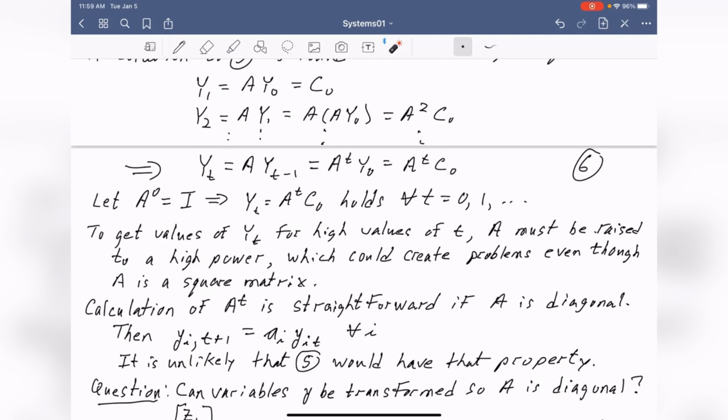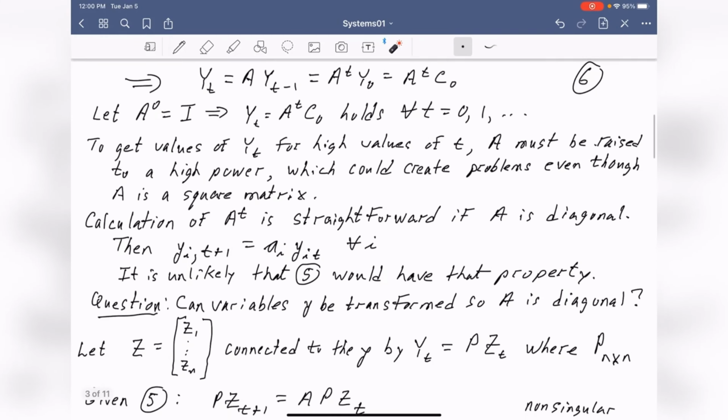So let A to the power 0, which is like 1, be the identity matrix, such that Y(t) = A^t c0 holds for all t from 0, 1 throughout higher values of time.